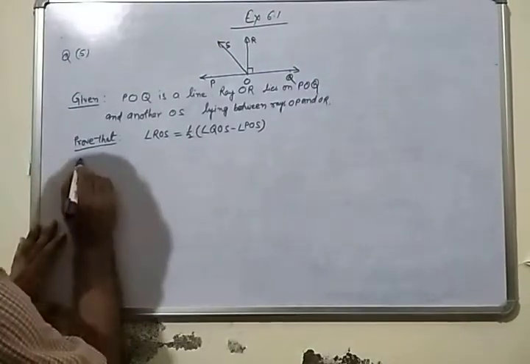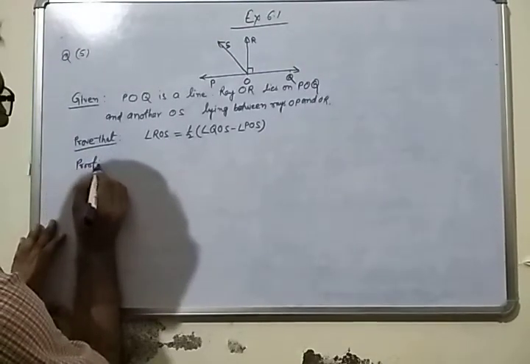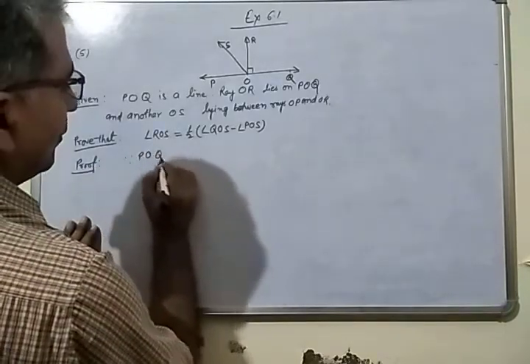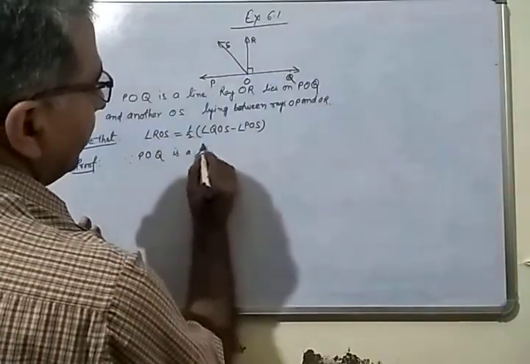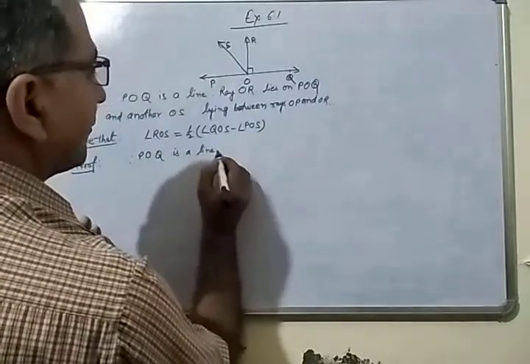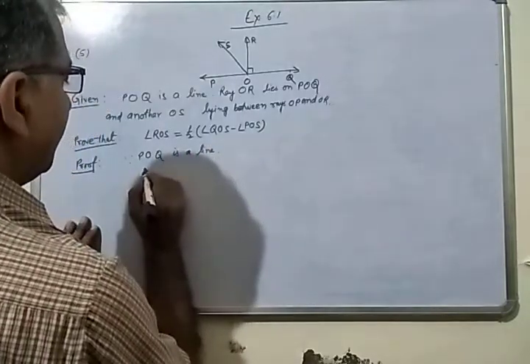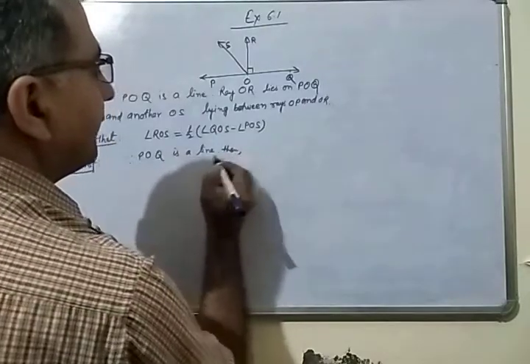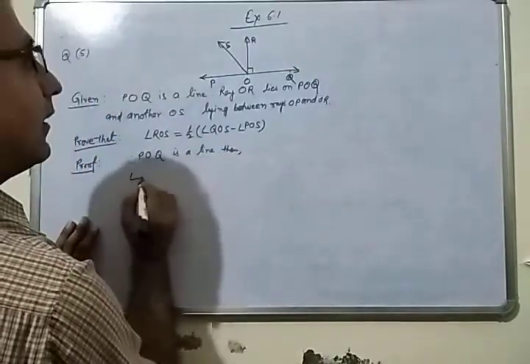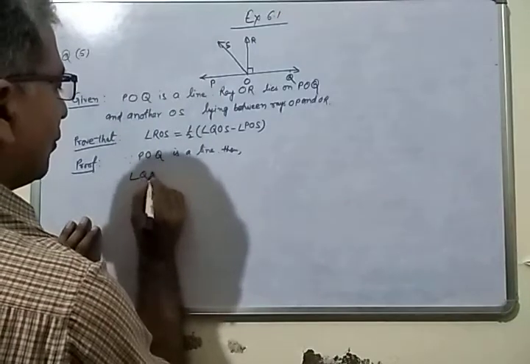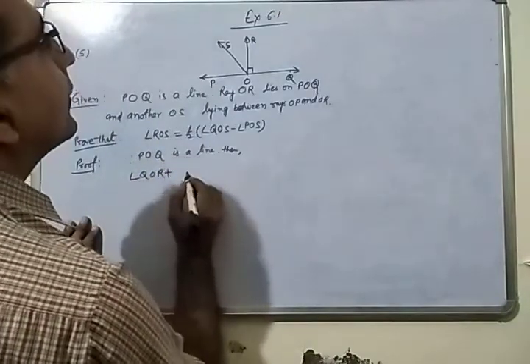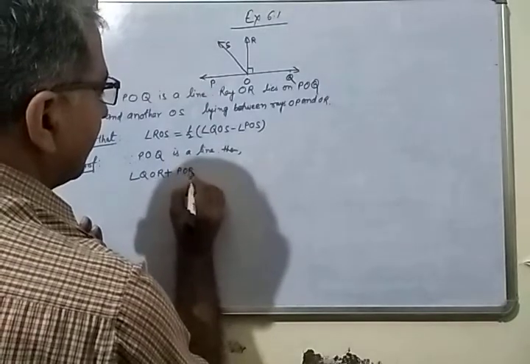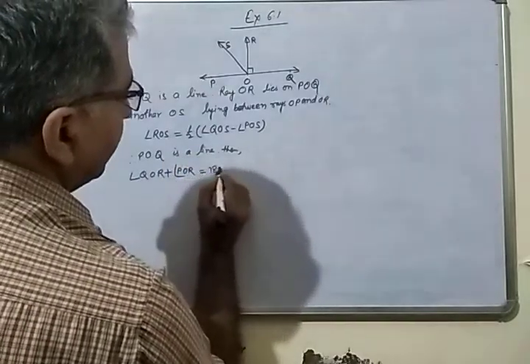Now, the proof. Since POQ is a line, angle QOR plus angle POR equals 180 degrees.